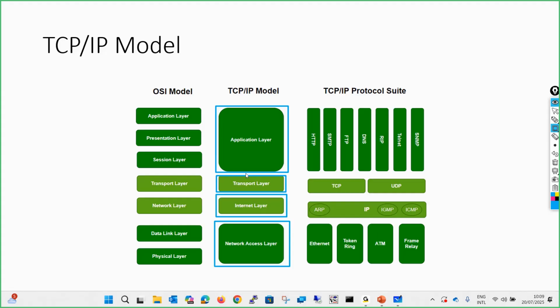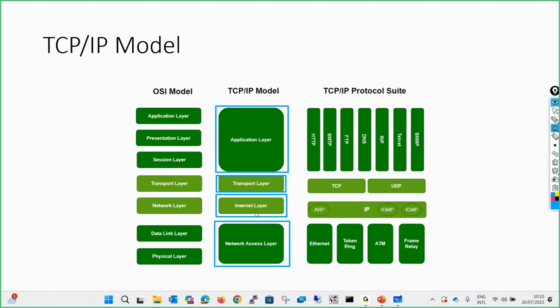So you can see that what was there in the OSI model, the application layer, presentation layer, and session layer, is all merged as an application layer in the TCP/IP model. Then the transport layer is a transport layer, and the network layer is changed to the internet layer. As we have seen with the role of the network layer, it handles the routing. Here also it is the same: the internet layer handles the routing of the data packet.